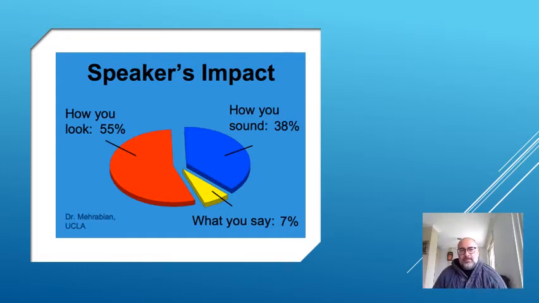largely is due to how the presenter looks. So of the impact you have as a presenter on your audience, 55% of this impact comes from how you look. Because the first thing your audience notices is you, your body, your existence.